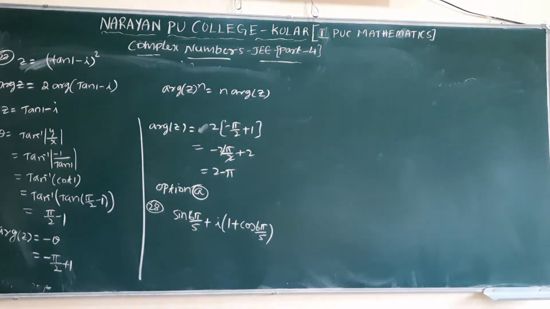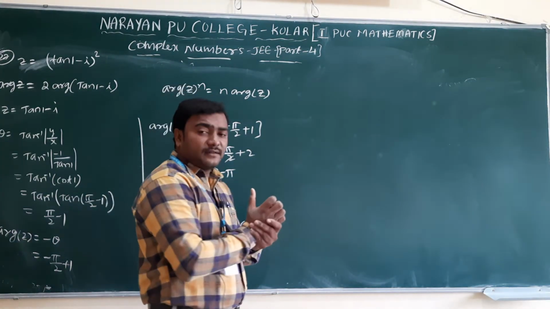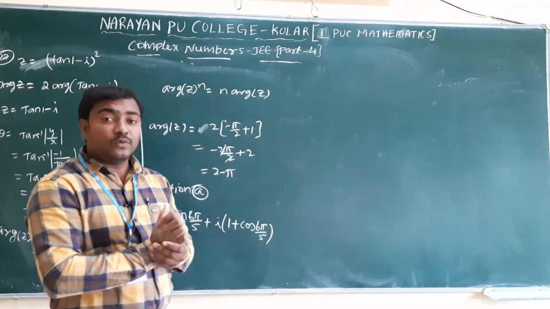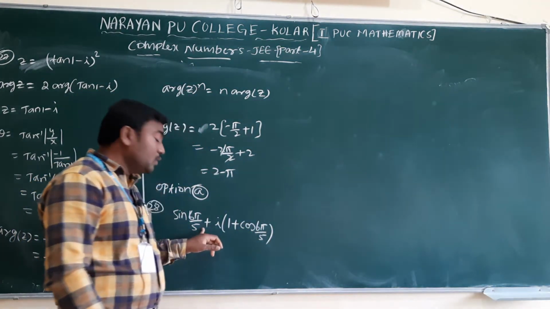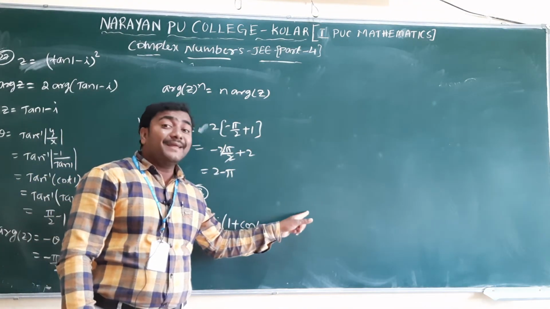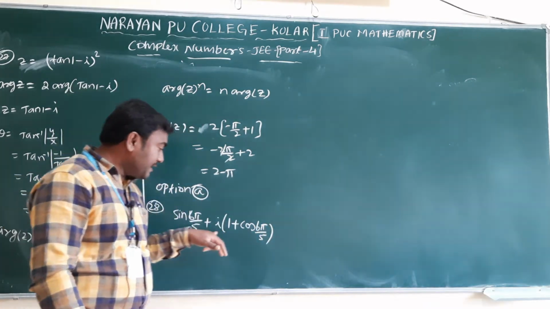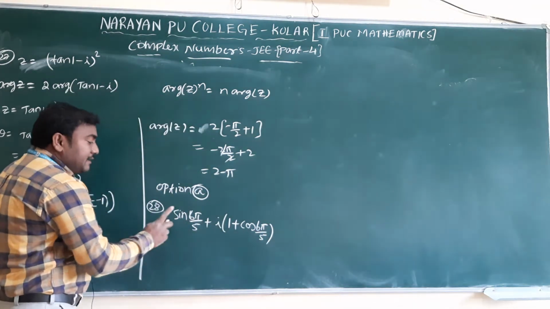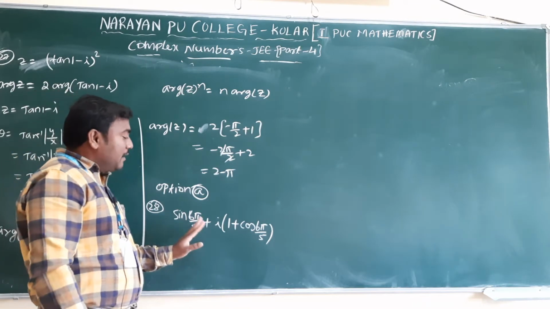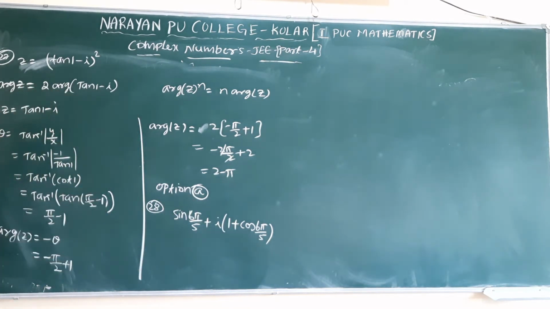So students, we know the condition that the principal value lies between -π and π, less than or equal to π. Let's check it here. Here it is 6π/5, which is greater than the principal value, so you have to bring it into the principal value range.